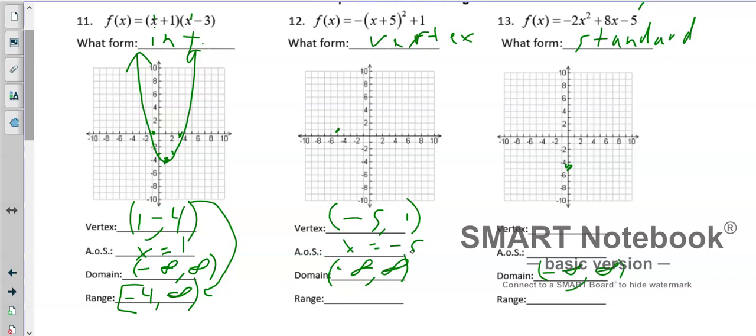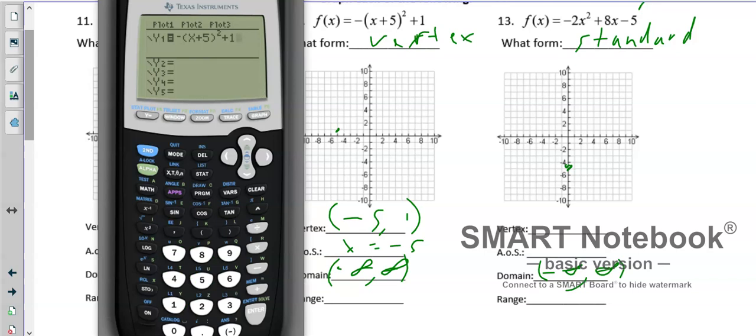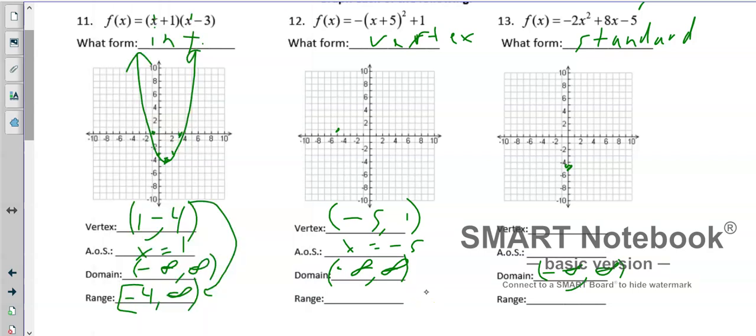Right? And since it's flipped upside down with that negative, we know it's going towards negative infinity. So it tops out at negative 1. So it's going towards negative infinity and tops out at negative 1 with a bracket.